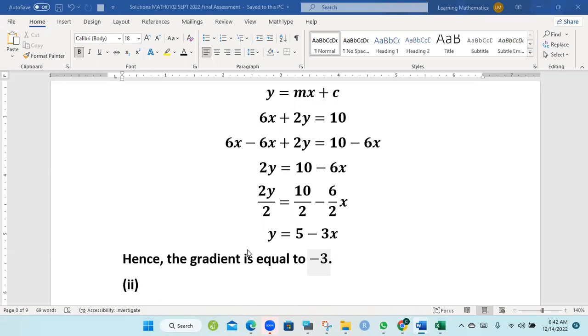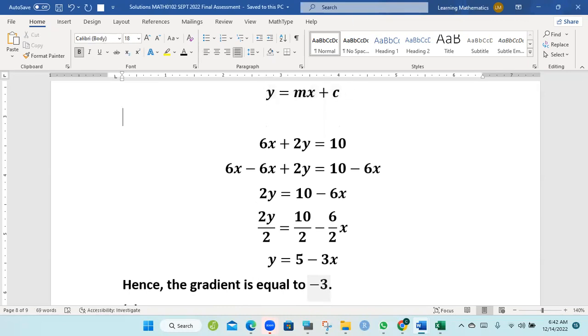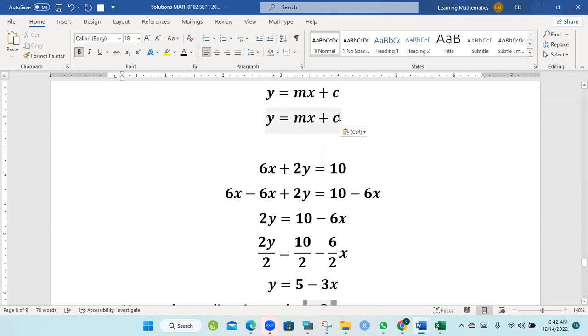Also, once y is the subject, the constant, or the number by itself, that will be c, will be the y-intercept. So even though it is y is equal to mx plus c, it could be y is equal to c plus mx. So the c could be in front of the mx. It is the constant.